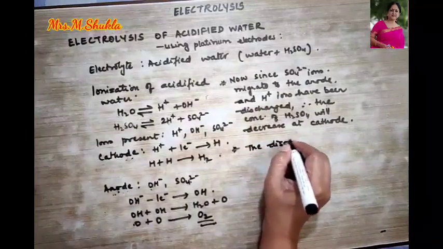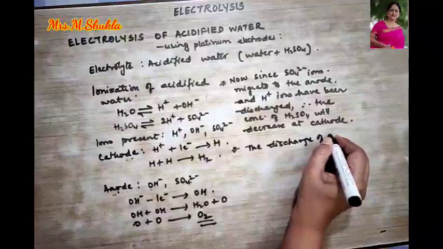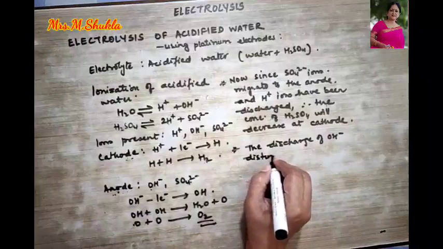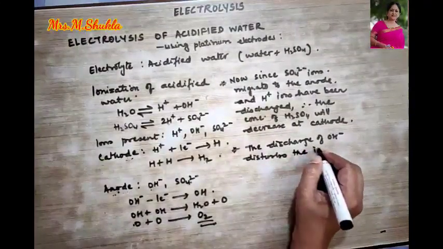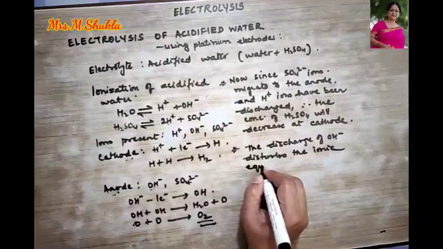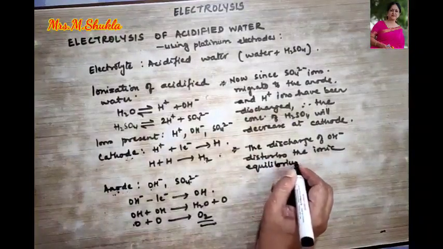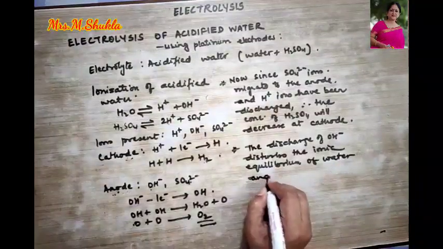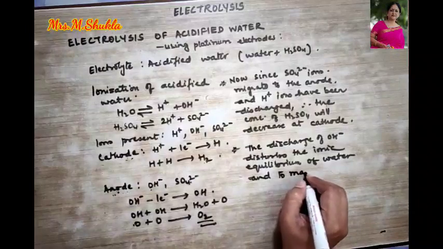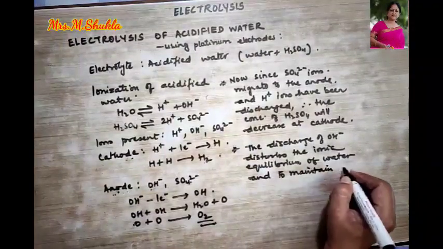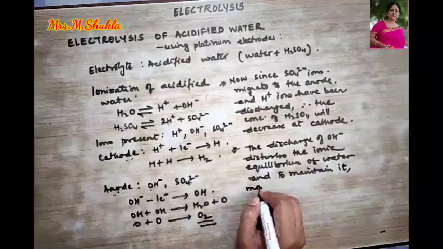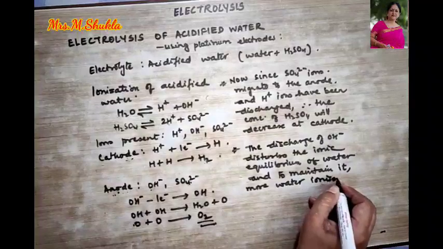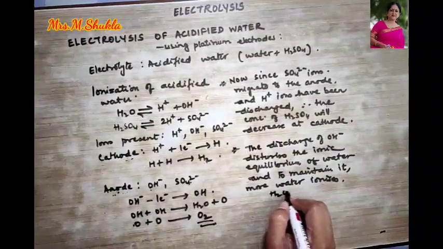The discharge of the hydroxide ion or the hydroxyl ion disturbs the ionic equilibrium of water, and thus to maintain it, more water ionizes, right? More water ionizes. So over here what happens?